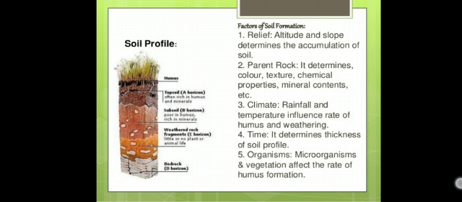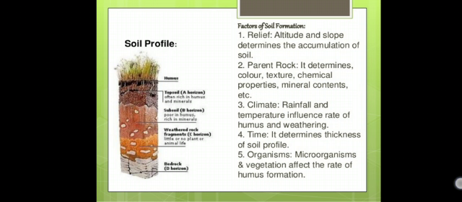Now, the picture depicts the various layers that make up the soil profile. So, the soil profile consists of 4 horizons. First is A horizon, which is also known as topsoil.